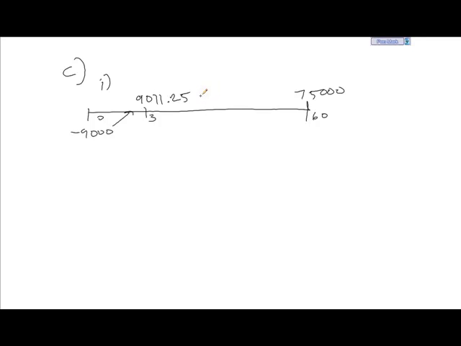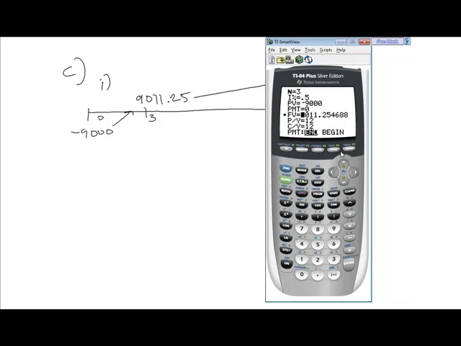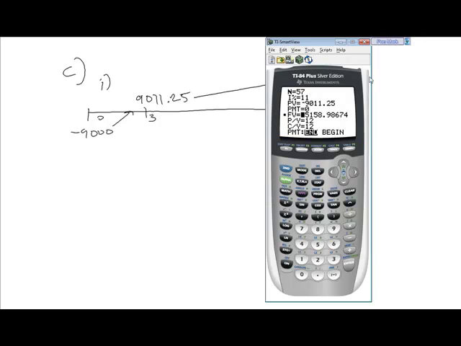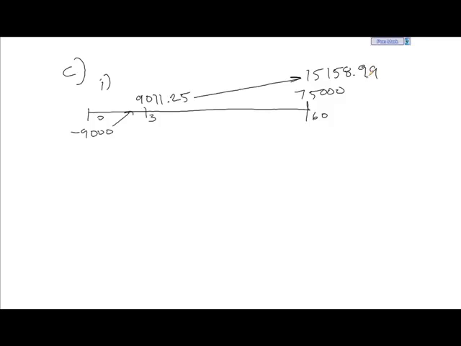Now, if I were to fast forward this 57 months, how much would I have in 57 months at now the new rate of 11%, present value of negative 9,011.25, because that's now what I have after 3 months of investing, and that means I would have $15,158.99. That's what I would have.